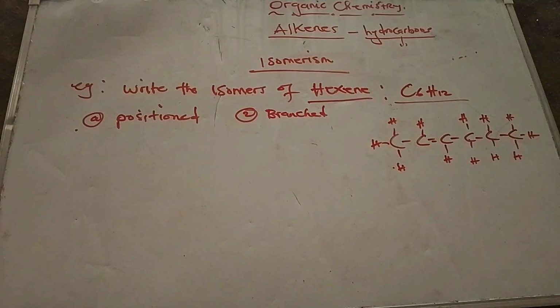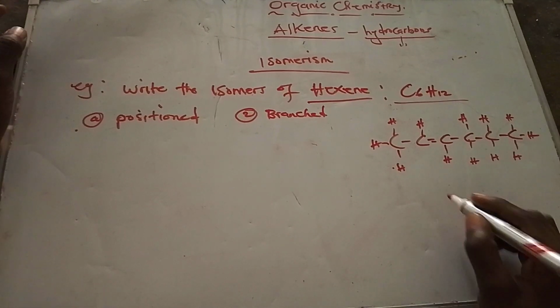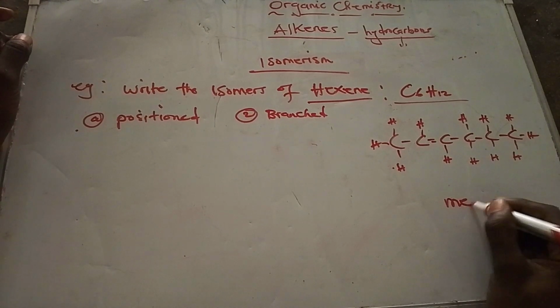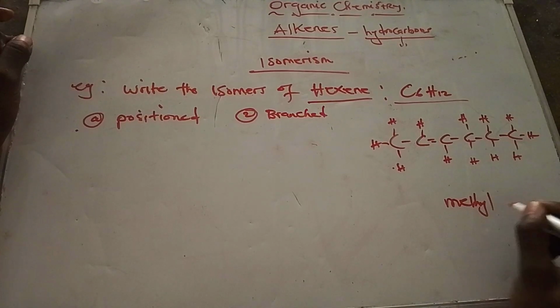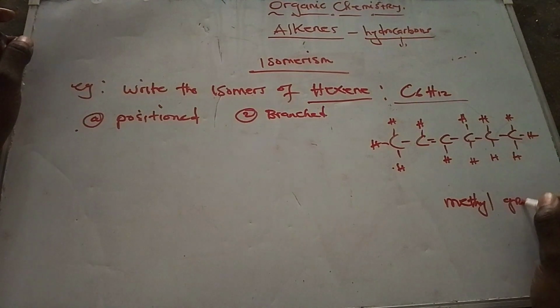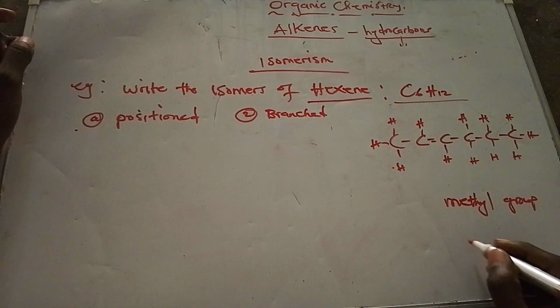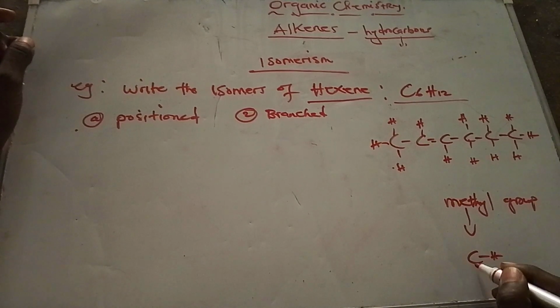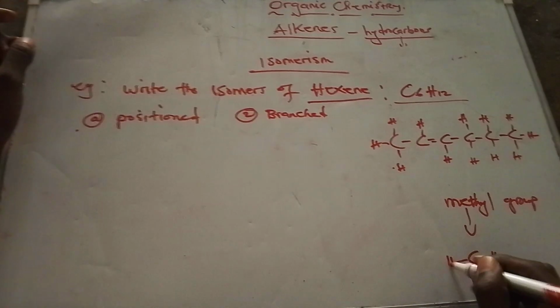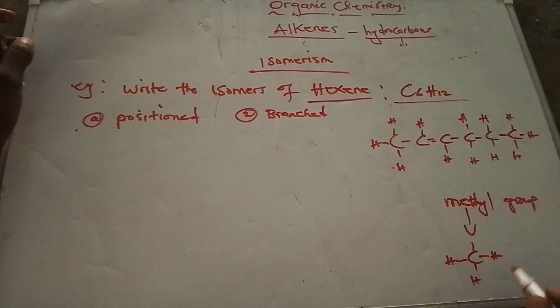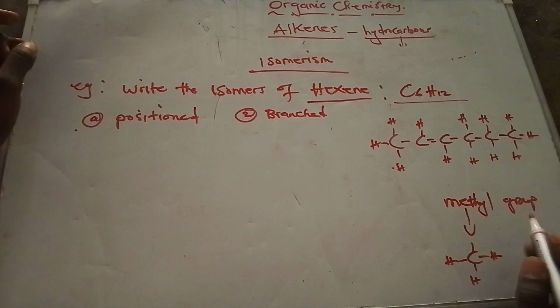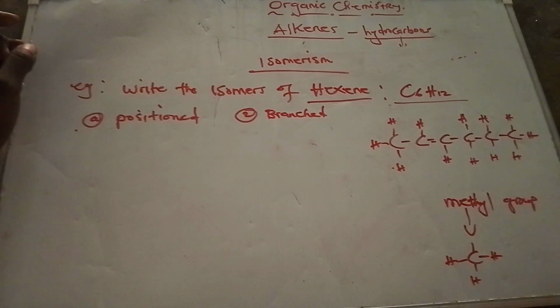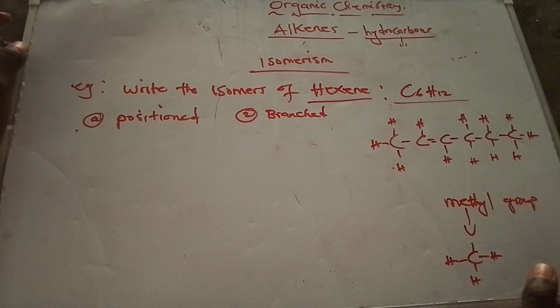For the branched one, we normally just have a branch of a methyl group. So a methyl group is like this: C H H H. This becomes a branch and it will change the name of the parent, and we'll see what will happen.